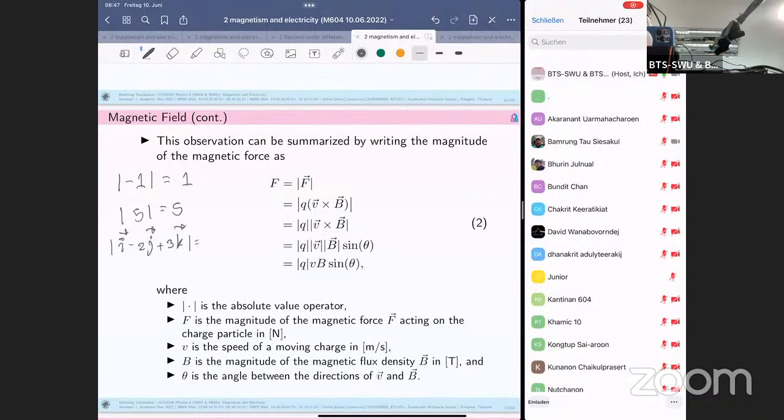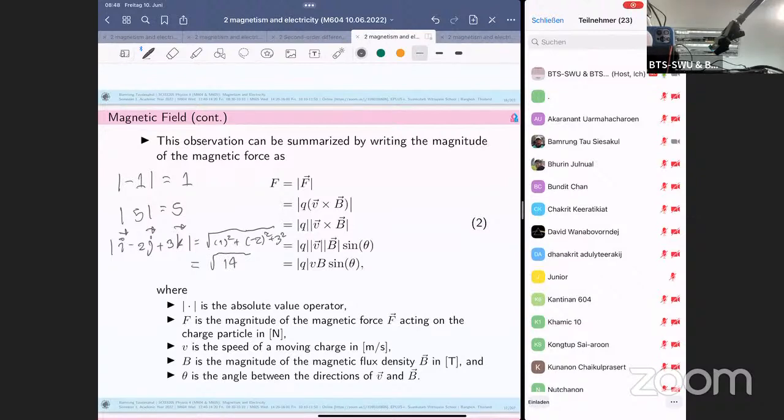Somehow this is going to be the square root of 1 squared plus, oh sorry, it should be minus 2 squared and plus 3 squared. All right, and it turns out to be the square root of 14. I think, yes. Yeah, somehow like that.